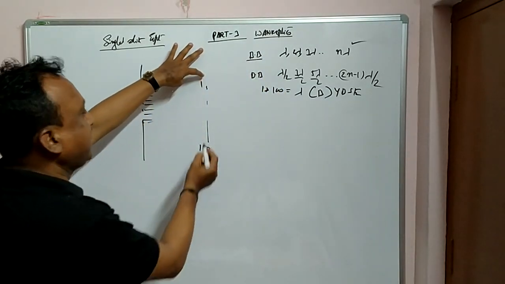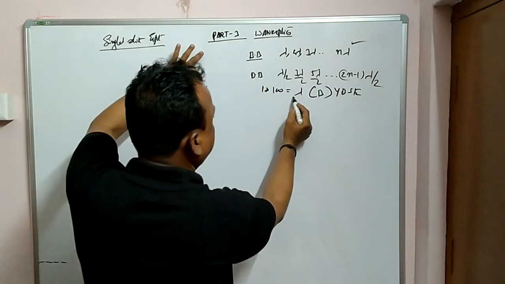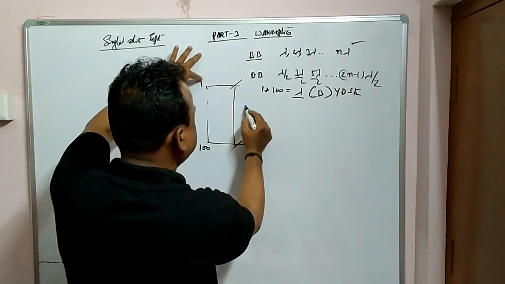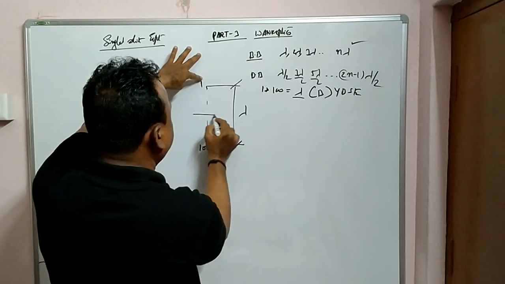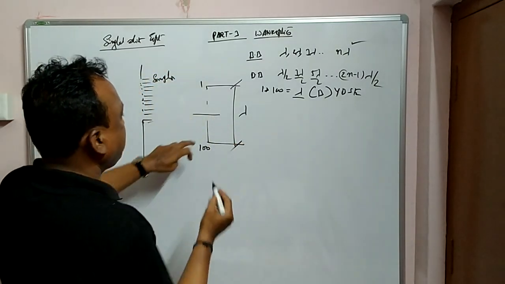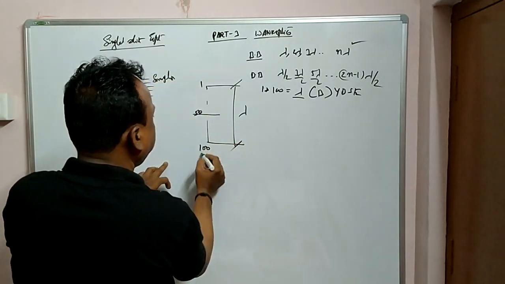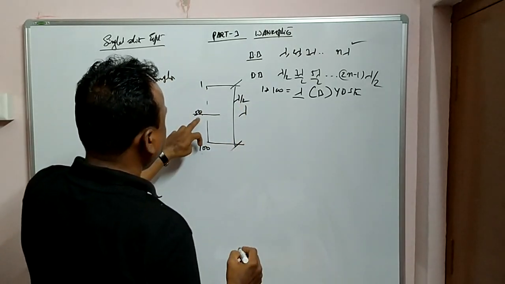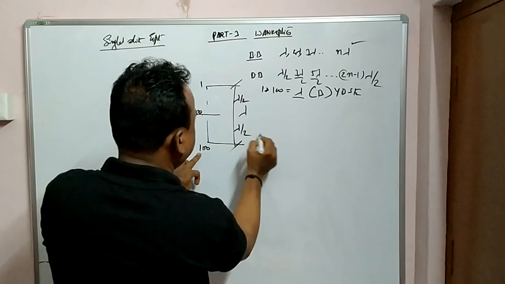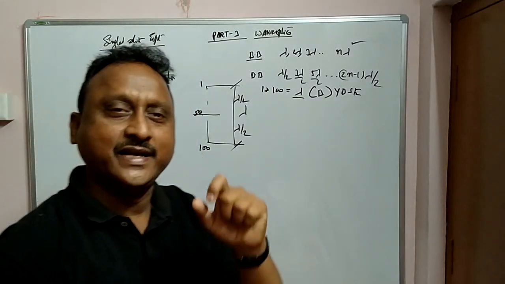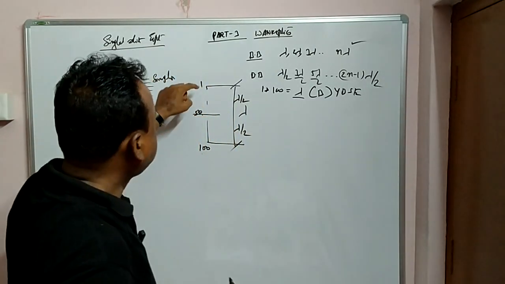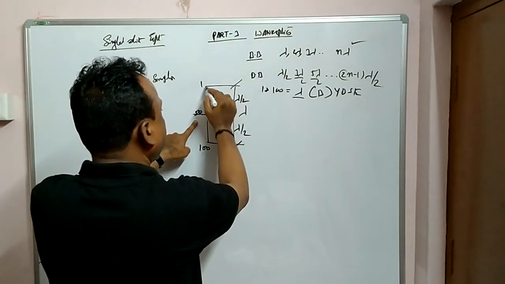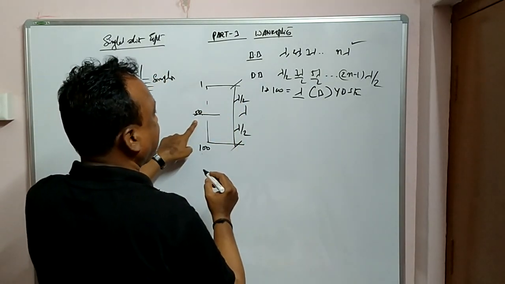I'll show you how. Between 1 and 100 source of light, the distance is 100. Let me divide into two halves: 1 to 50, 50 to 100. So between 1 to 50, the distance is lambda by 2, and 50 to 100, the distance is another lambda by 2. So lambda by 2 indicates dark bands. Between 1 and 50 sources, how many sources of light are there?